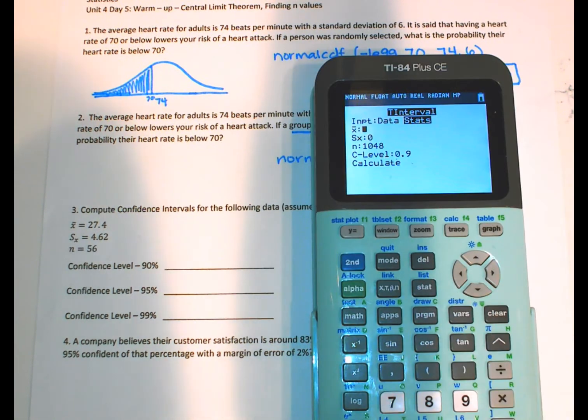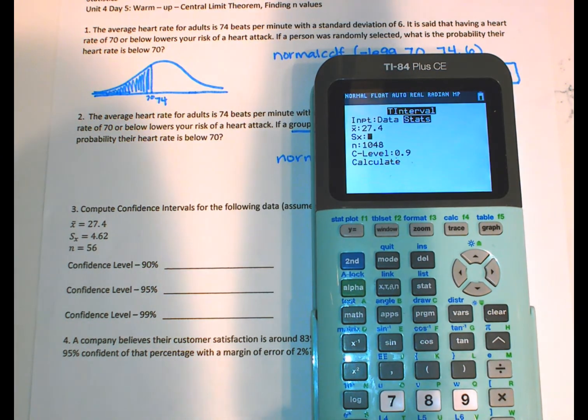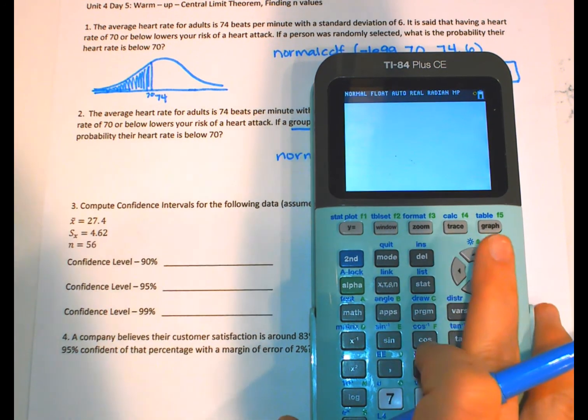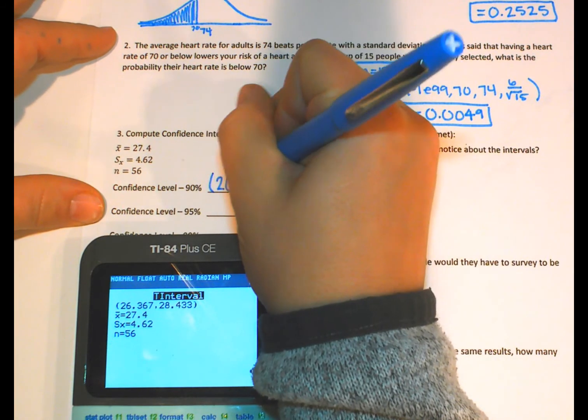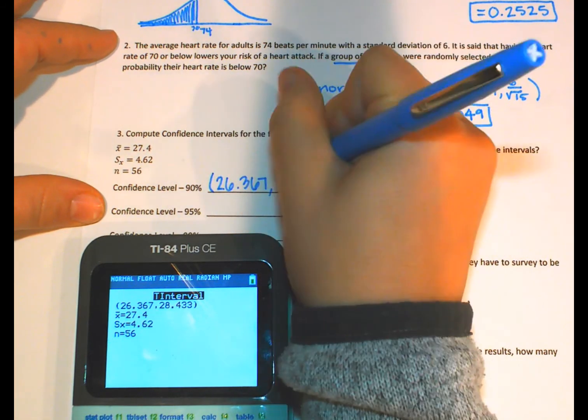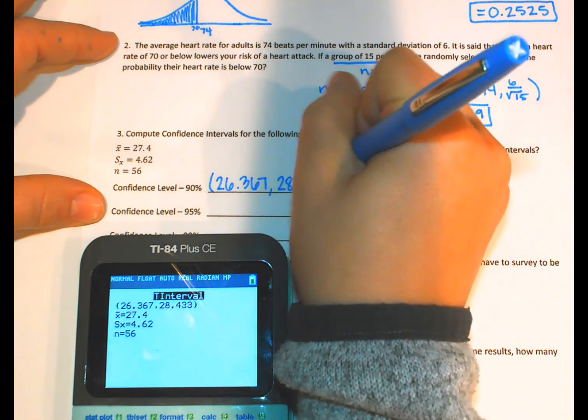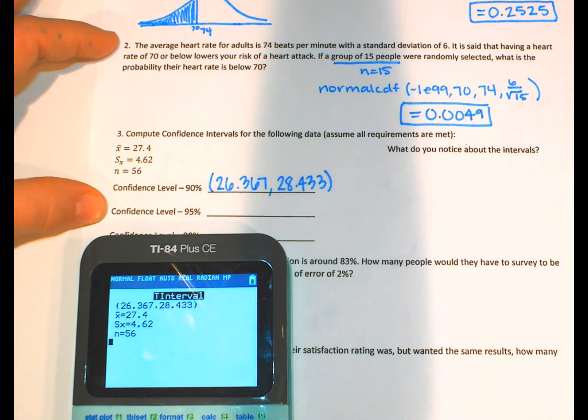My mean is 27.4, my standard deviation 4.62, my n value 56, and it wants me to start with a 90% confidence interval. So I get 26.367, 28.433.